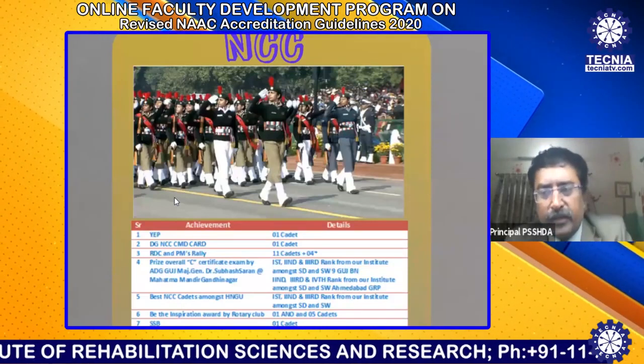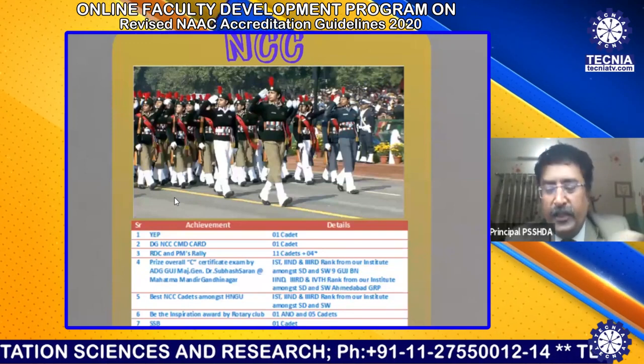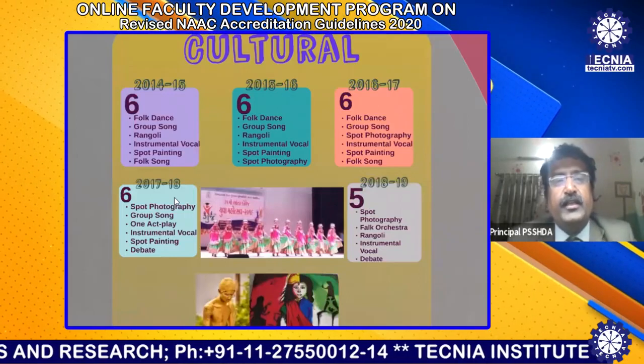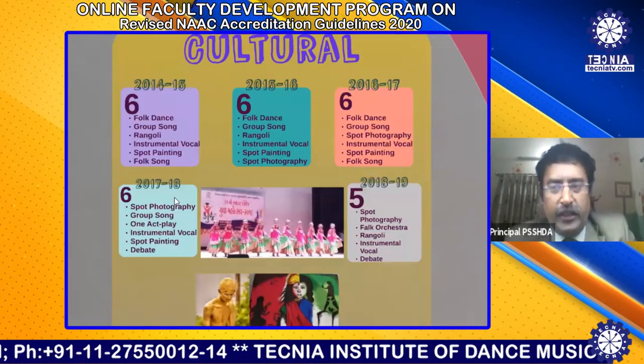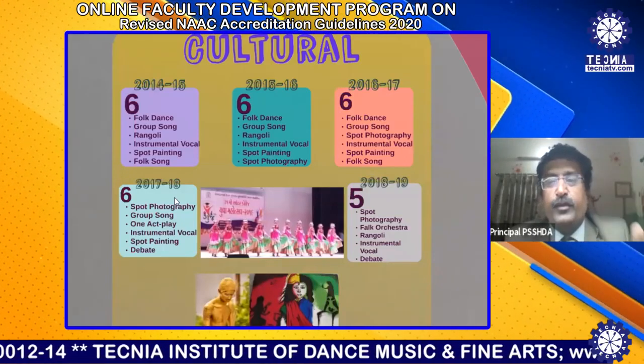Then whatever achievement your NCC or NSS team has achieved, you can show in one slide. Say in cultural activity, we can say that in 14-15, we were champion in 6 events, give the list of events. In 15-16, we received 6 medals from the university.